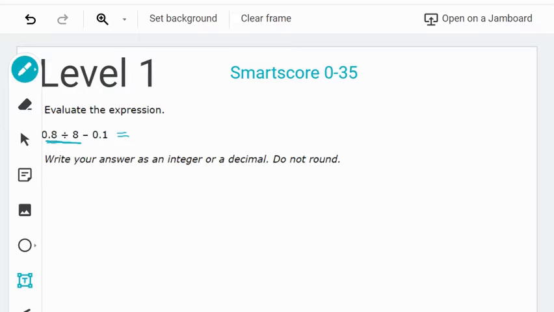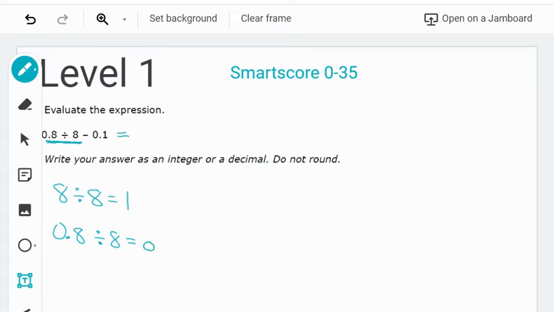So first, what is 0.8 divided by 8? Well, I know that 8 divided by 8 is equal to 1. So 1 is going to be involved. It's just that the decimal is going to be moved over. So if we divide 0.8 into 8 parts, right? That's what that means.